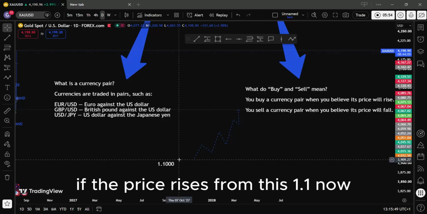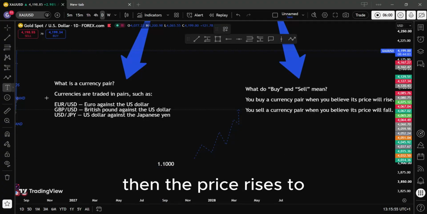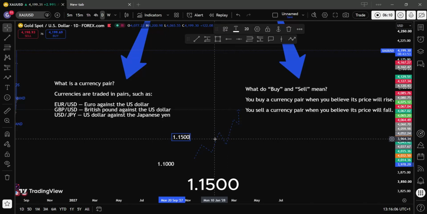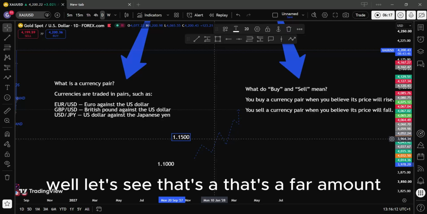If the price rises from this 1.1 now, then the price rises to 1.1500. Well, let's see, that's a far amount.